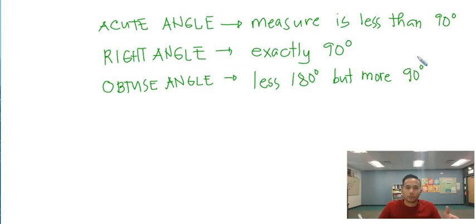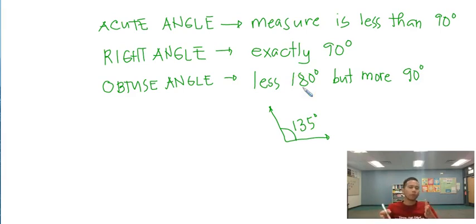That is an obtuse angle. For example, if the angle measure is 135 degrees, that is an example of an obtuse angle. It is not supposed to be equal to 90 because it will be classified as a right angle.